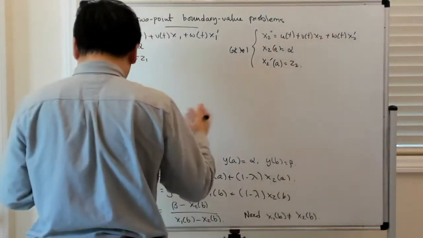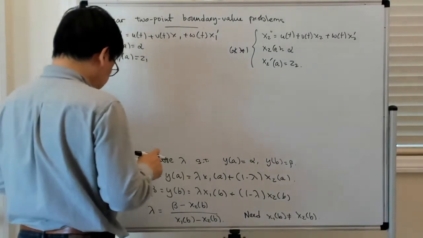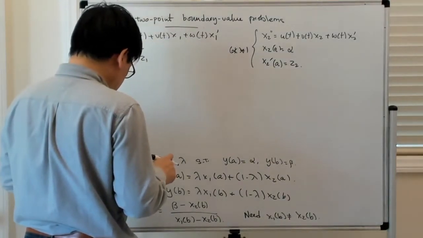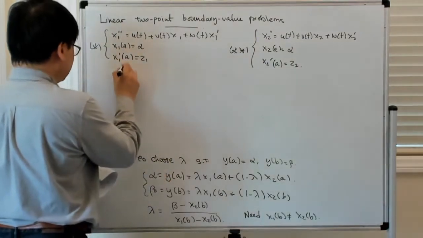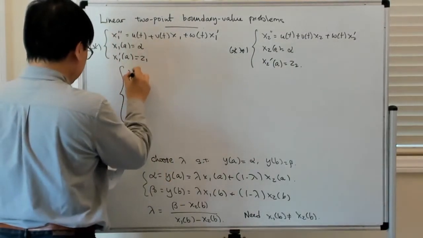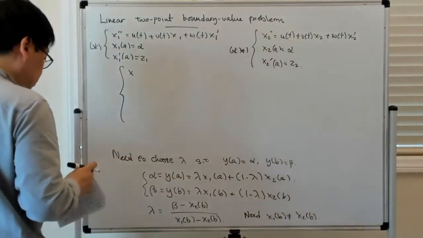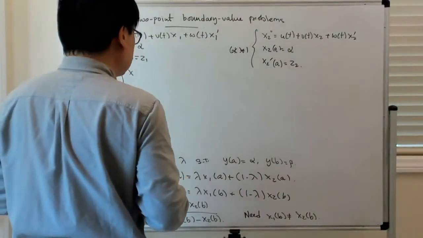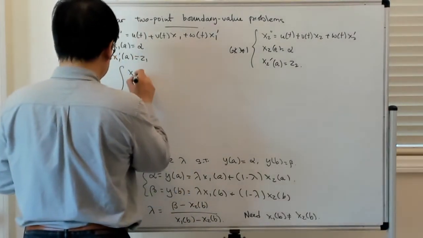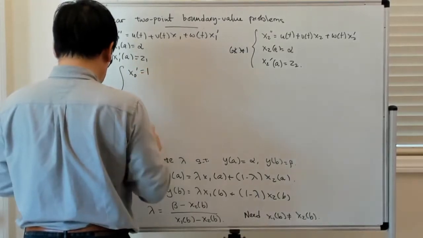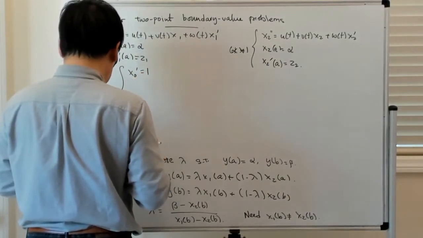And z1 is going to be different from z2, is the point. So I can find these simultaneously, right? I can have x0 prime is equal to 1. So I'm going to make it non-autonomous.